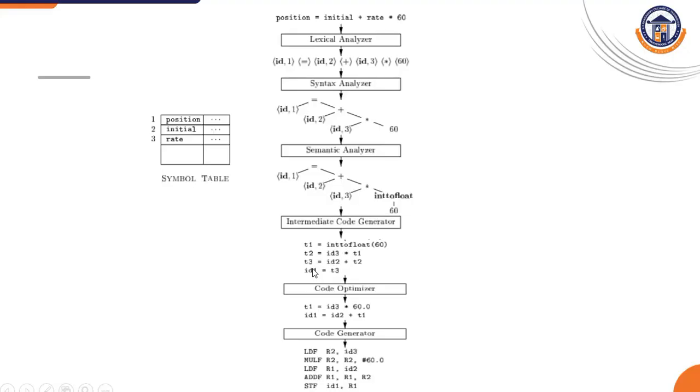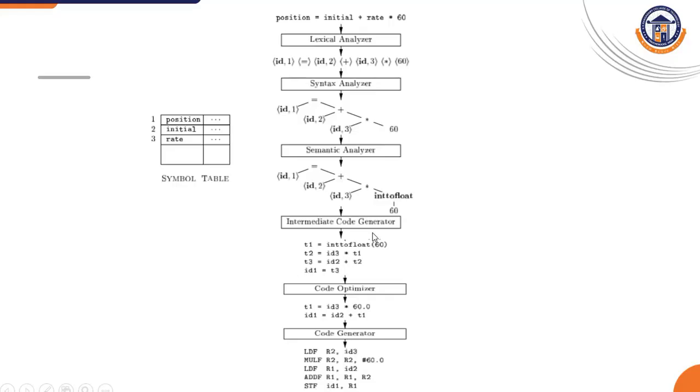Then T3 performs the addition of id2 and T2. Then id1 performs the assignment of T3 to id1. The final result is available in T3, which is assigned to id1. id1 represents position, so position stores the value of initial plus rate times 60.0.